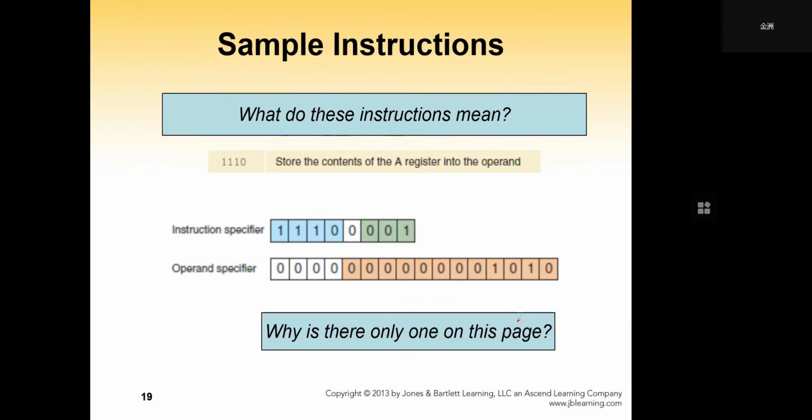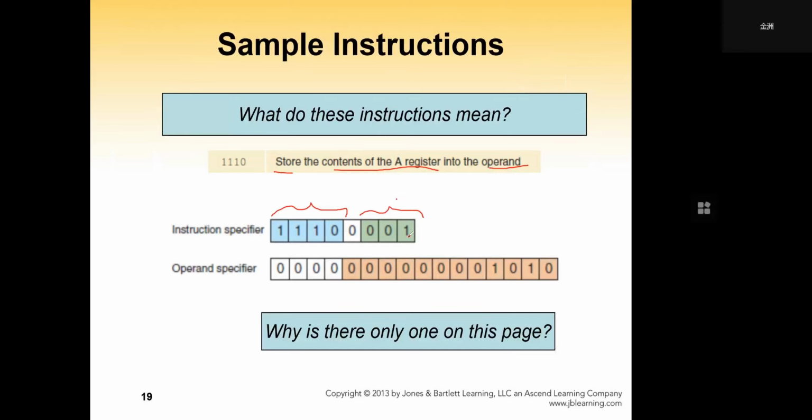Next, let's show another example. Let's check what this instruction means. You may check the operation code here. 1110 represents store the contents of the A register into the operand. Then we check the addressing mode. It is a direct addressing mode, right?